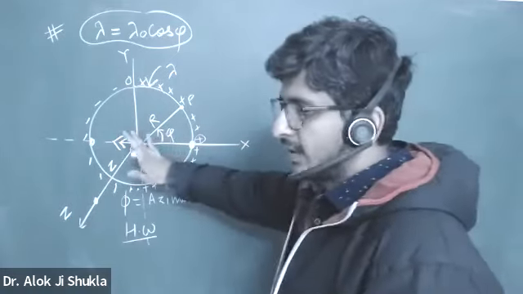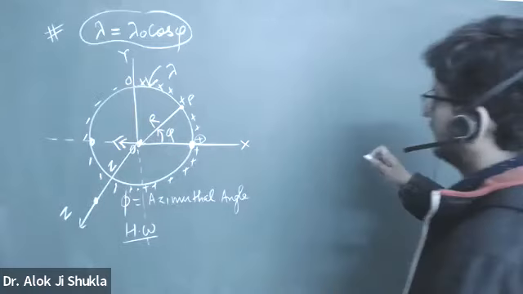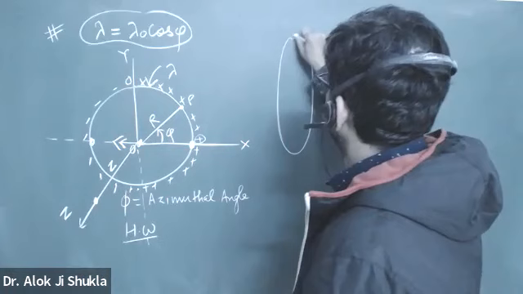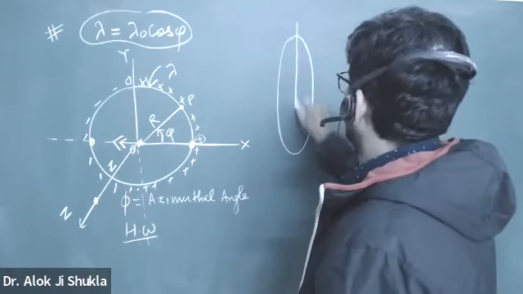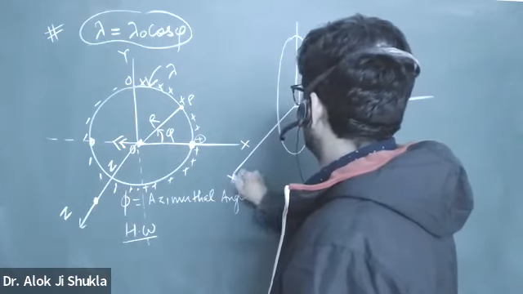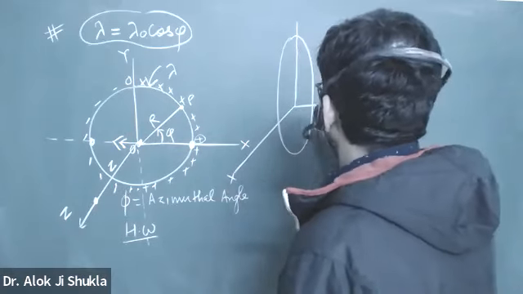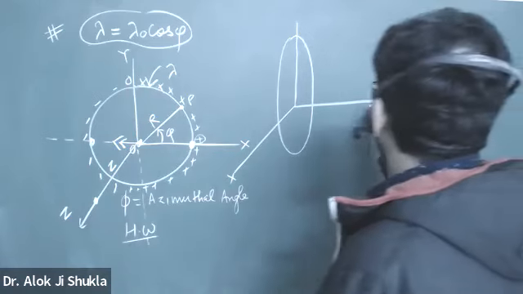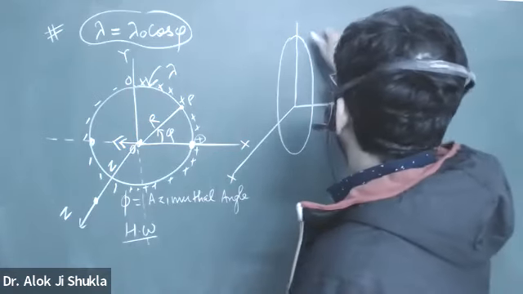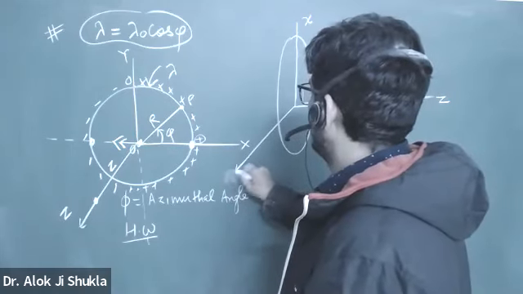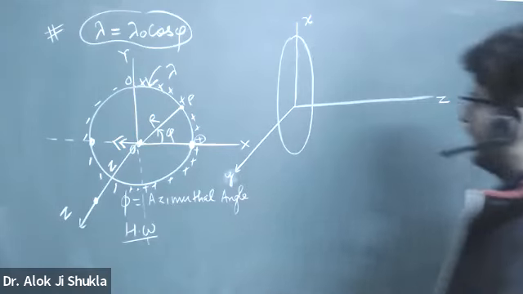So मैं अब इस figure को थोड़ा ऐसे बनाता हूं ताकि ये axis इधर आ जाए. So suppose this is that ring, and this is z, this is x, this is z. So this is z. So what will this will be x, right? And this will be y. Can you see this?